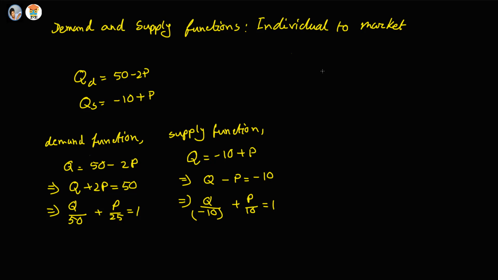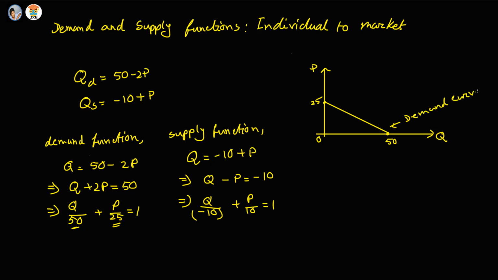Now we can draw them on a diagram. So this is the y-axis, and here we have the x-axis. Here we put quantity, here we have O, and here we have price. For the demand function, this point is 50 and this point is 25, as 50 is the x-axis intercept and 25 is the y-axis intercept. If we join these two points, this straight line is the demand curve.